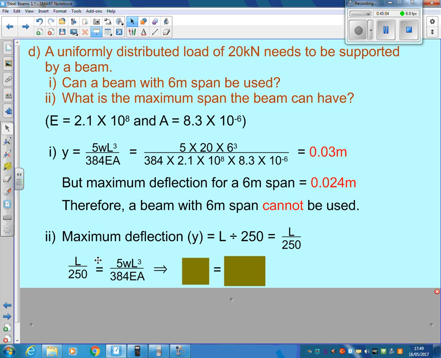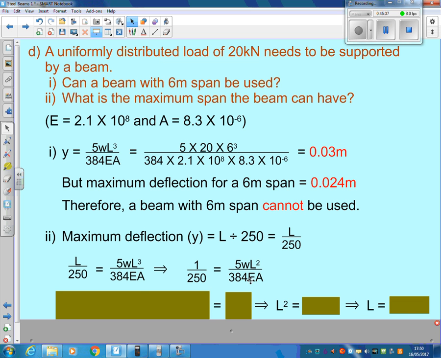Now, you notice there's an L there and an L here. I can cancel those, and if I cancel that L out, L cubed goes down to L squared. So I'm going to get 1 over 250, because I've got rid of the L, and this will go down to 5WL squared over 384 EA. Next, we need to find what that L will be, and we can put everything else in because we know what those are.